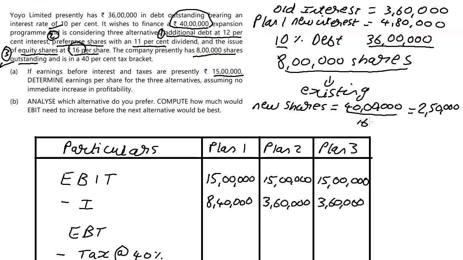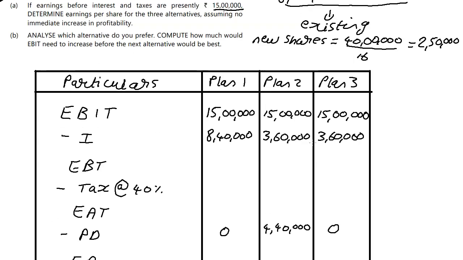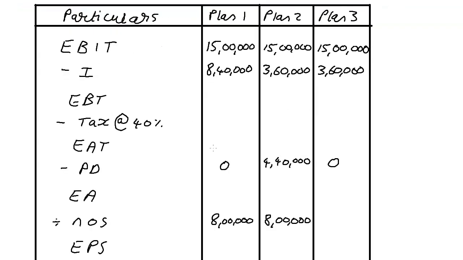That means in plan 1 and 2 we stick to only the old shares of 8 lakhs. Only in the last one we have 8 lakhs and we are selling another 2,50,000. So we'll have 10,50,000 shares here.